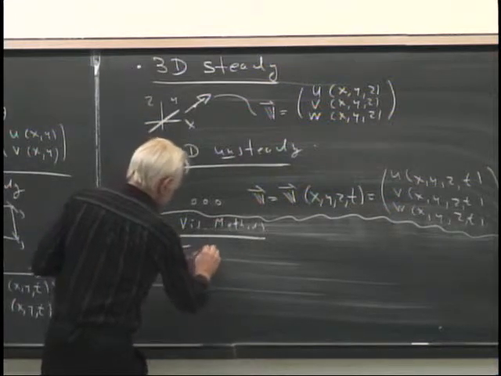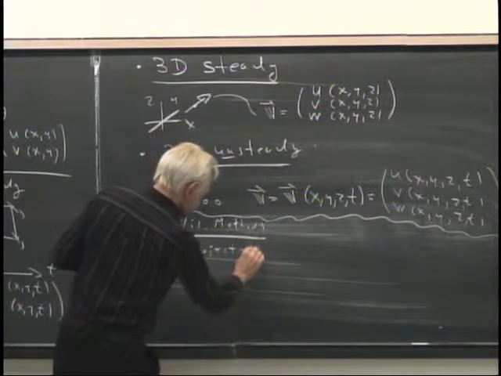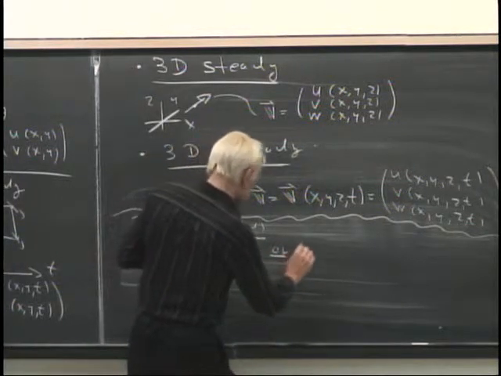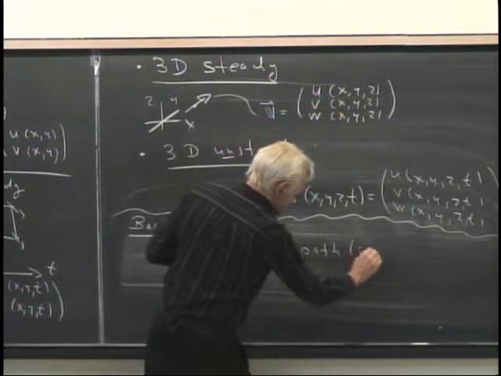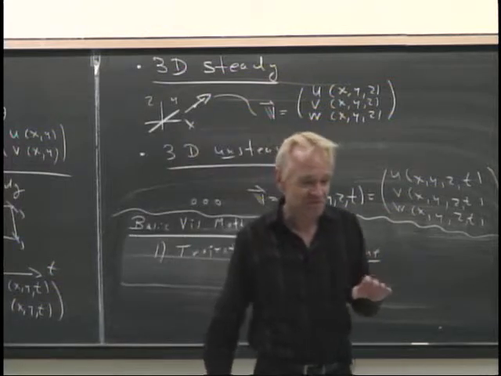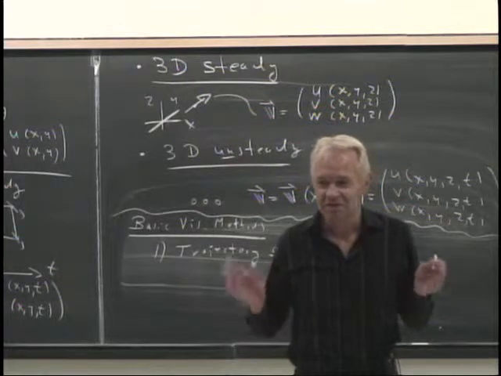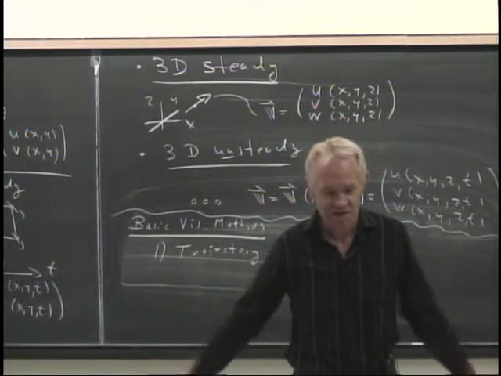Trajectory, or, this is the same thing, it's just a different word for the same thing, path line. And you can put into your notes what I describe in words now. What is a trajectory? Anyone help me? What is a trajectory or a path line?